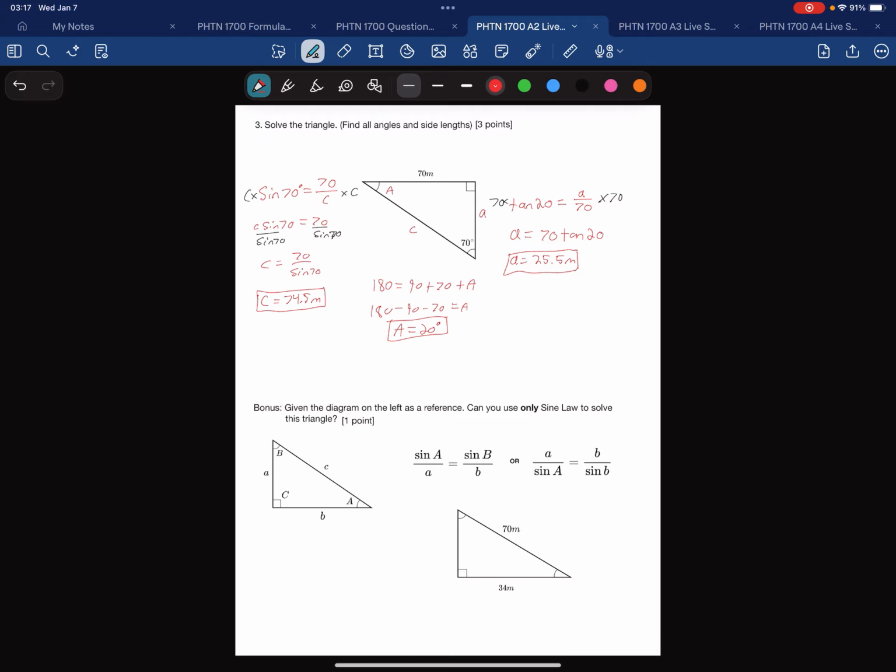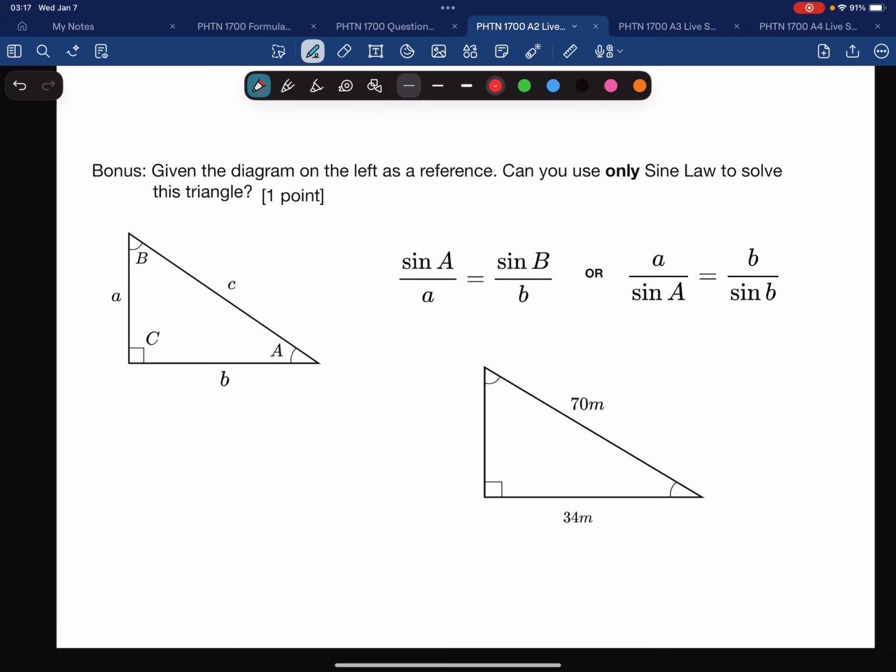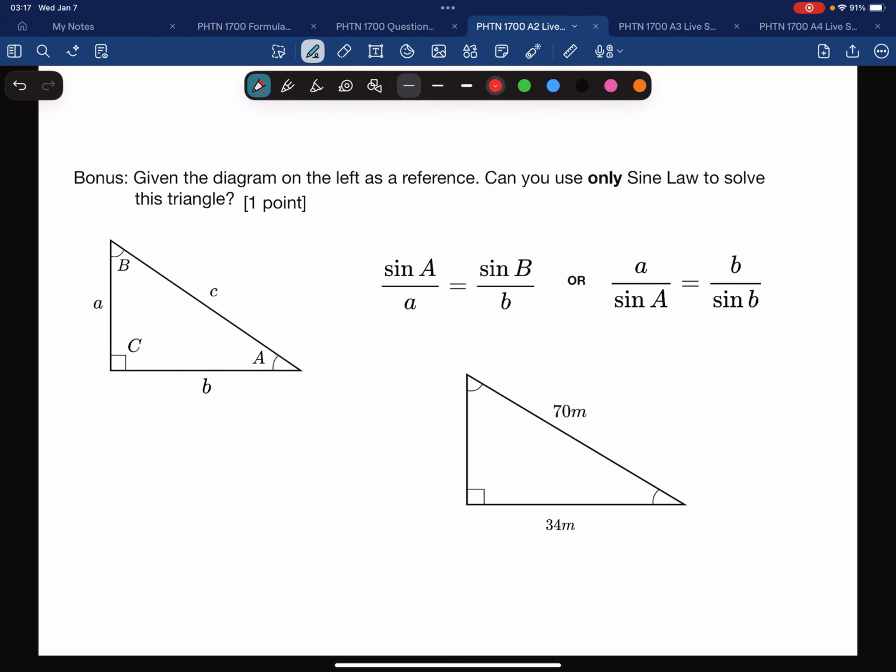However, we do have a bonus question down here. Given the diagram on the left as a reference, can you use only sine law to solve this triangle? Let's go ahead and try quickly, see what we get.